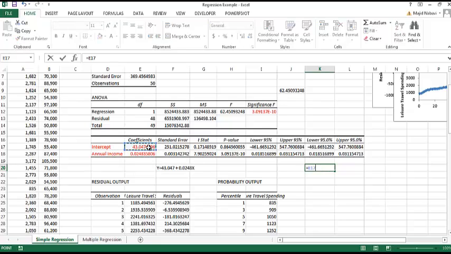If we divide the coefficient for intercept over standard error, we will get the t-stat for intercept. Also copying the formula, which is dividing the coefficient for annual income X over standard error, we get the t-statistic for this number.